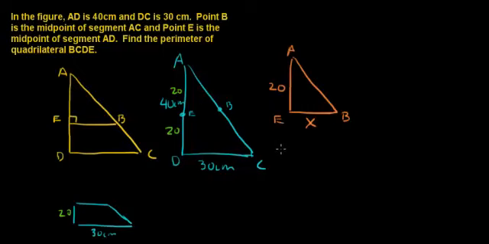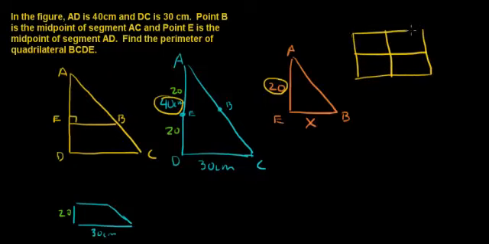And we can find that by setting up a ratio box, because we have a side here that we can relate to this side here. So we set up a ratio box. Over here I'm going to put triangle ACD, and over here triangle ABE. This is going to be my longer leg, and this is going to be my shorter leg.